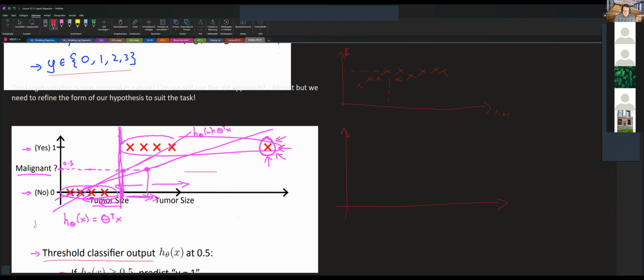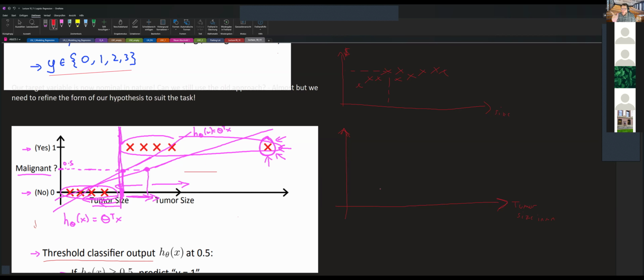Now, in this case, for X it doesn't really change much. We have a tumor size in millimeters, for example, and this is also a number. Here it's size in square feet, and here it's the tumor size. This is also a value, so it can take on all values.